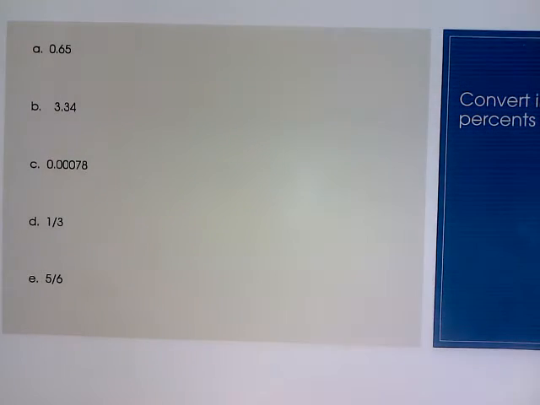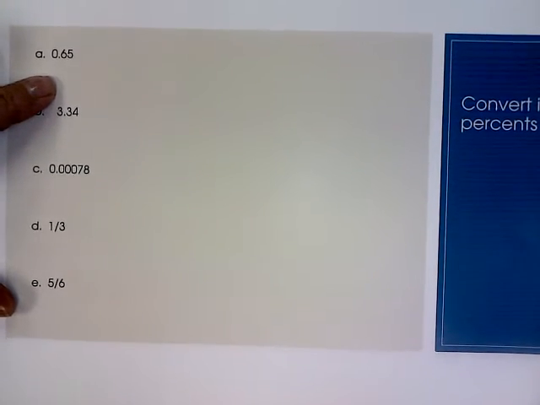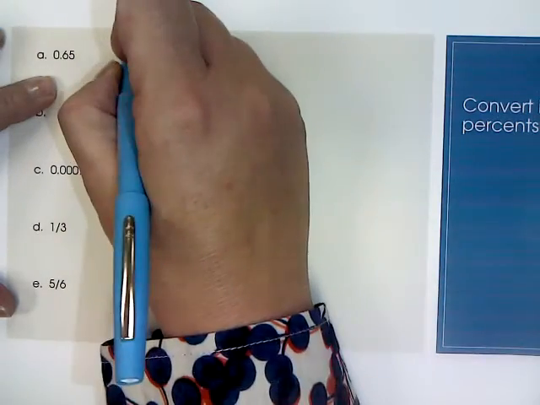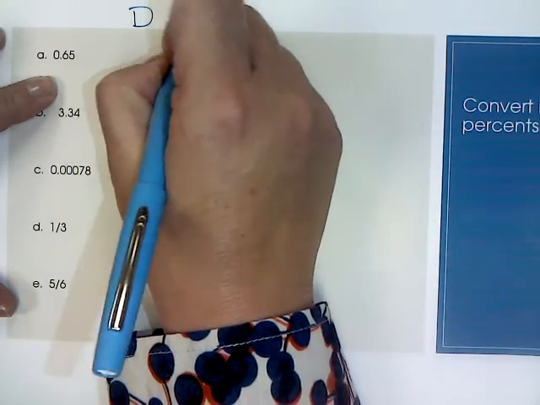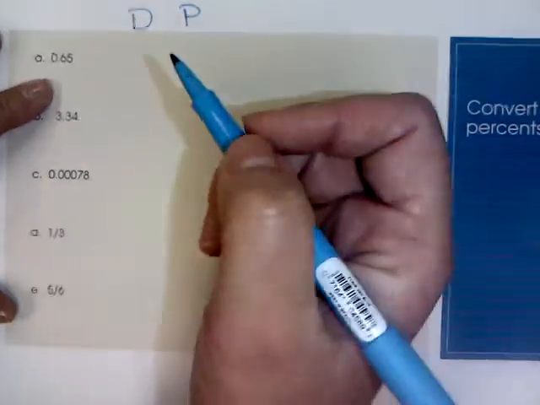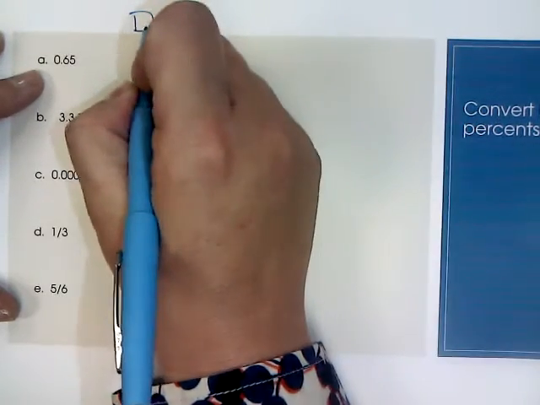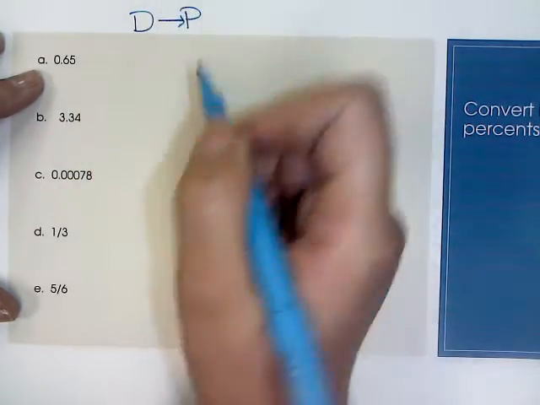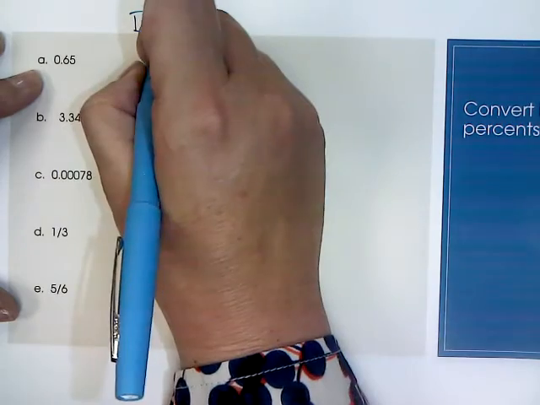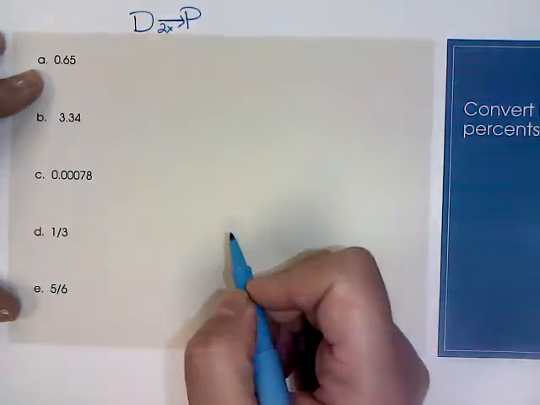In slide number 1, we're going to take a look at converting all those numbers into percents, okay? So one thing I'd like to bring up before we get started, one way that I talk about is doing something that's called D to P. And this stands for decimal to percent. And when I change a decimal to percent, I'm going to move my decimal over 2 times.